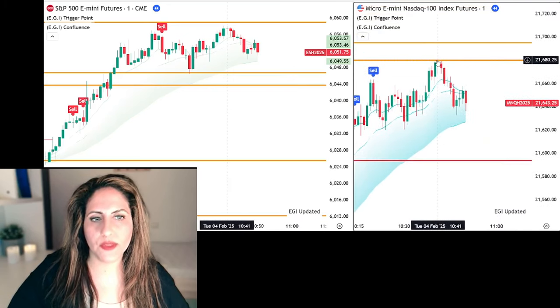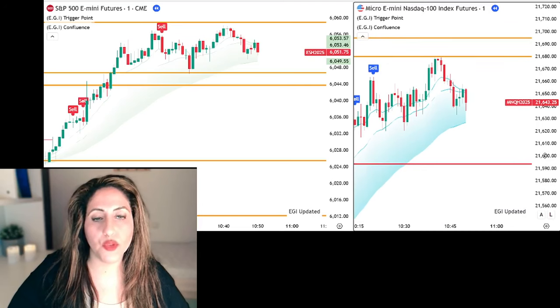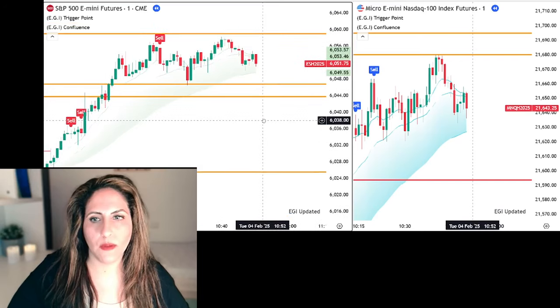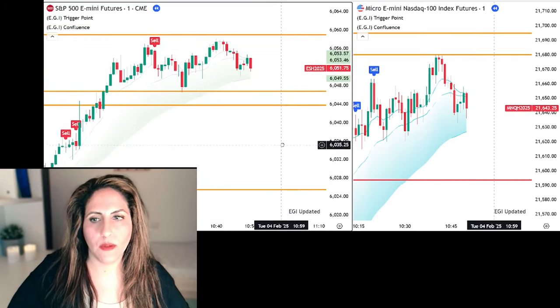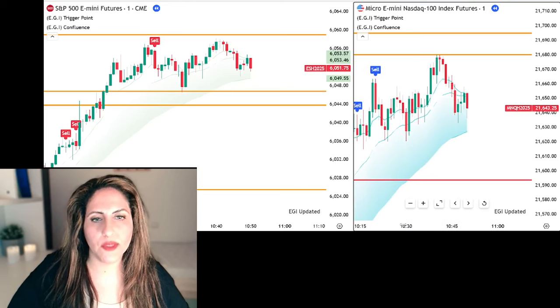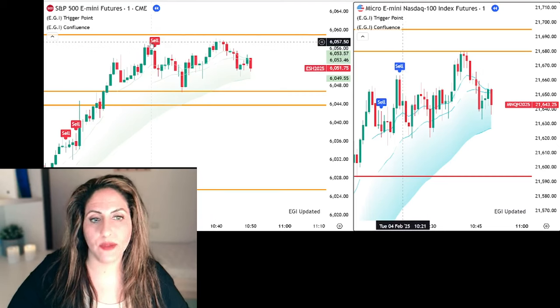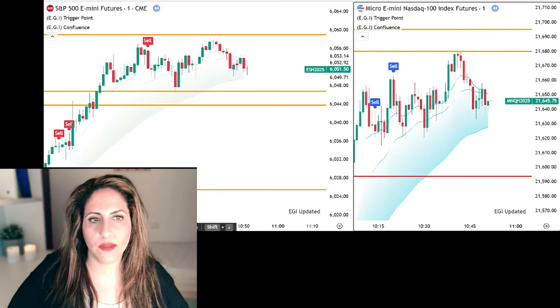It reached its resistance level and bounced back to the tick. See here, this sell signal was generated on NQ, and 2 bars later, ES generated its sell signal. Okay, because they are aligned, this indicates that it's a true sell signal.